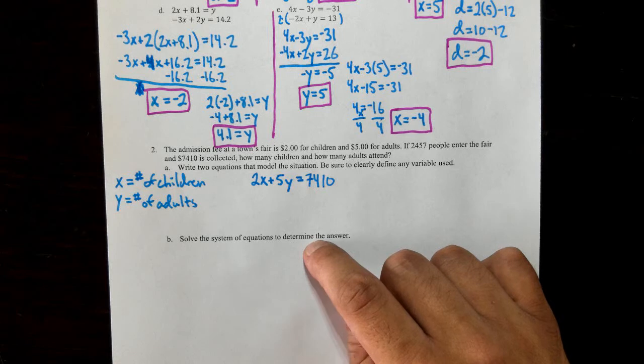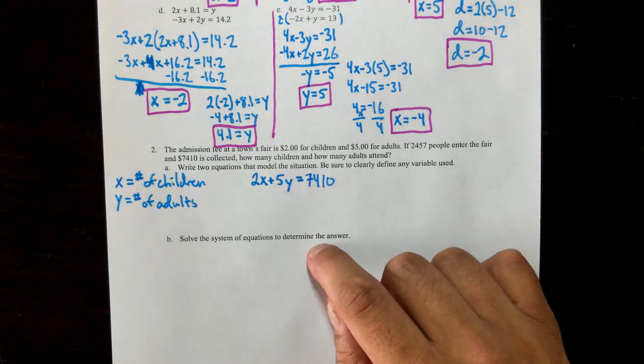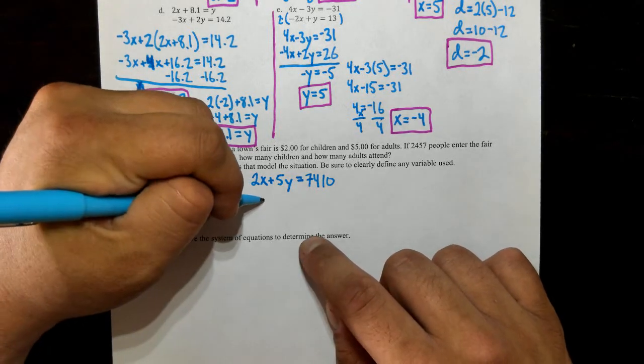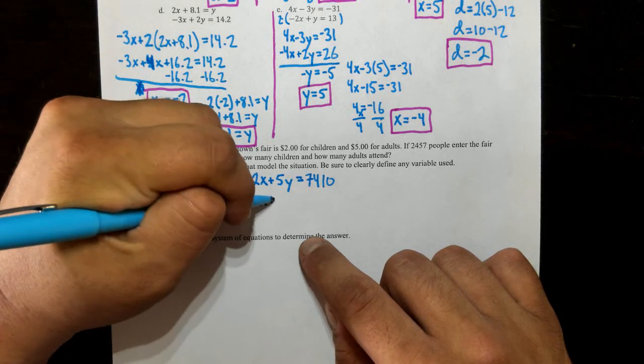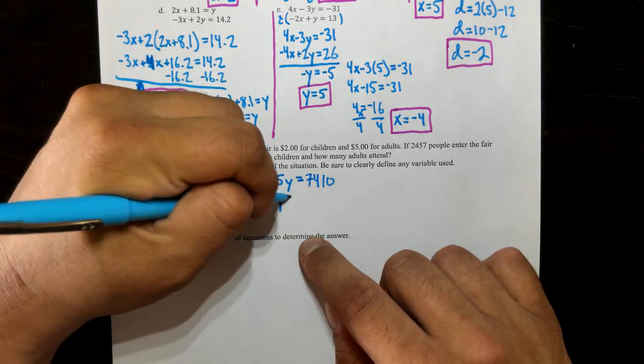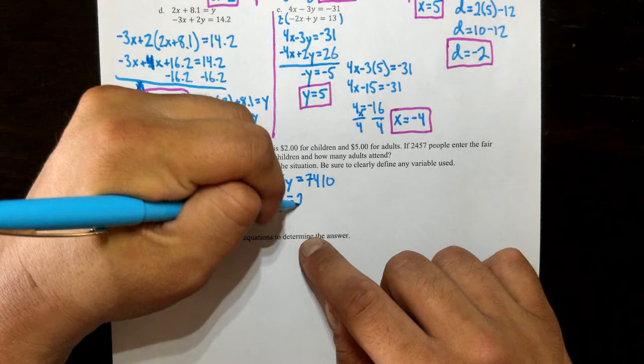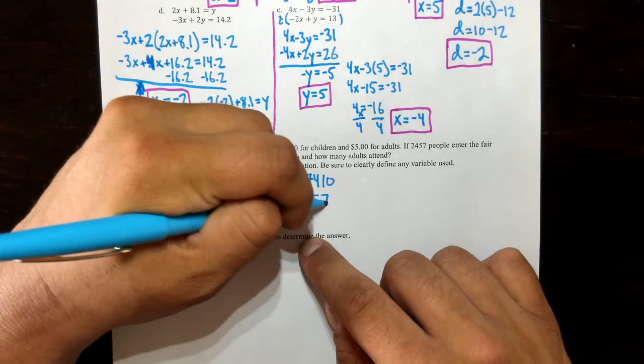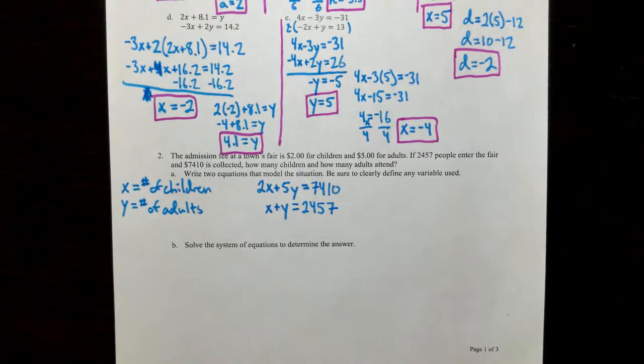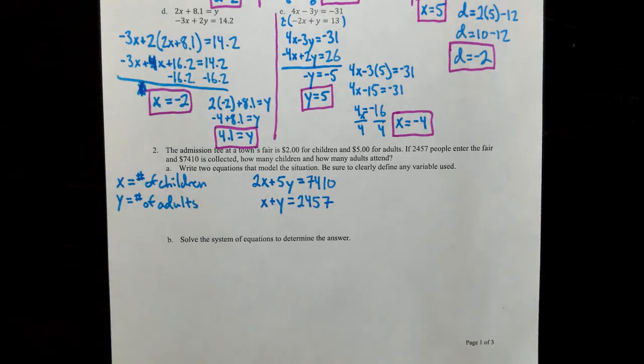My second equation is going to talk about how many people entered. The number of children and the number of adults together equal the total number attended, 2,457. So this is the system of equations that I want to use.